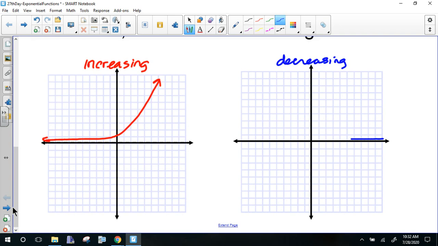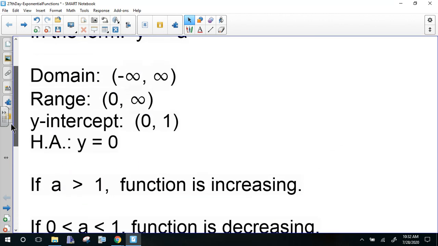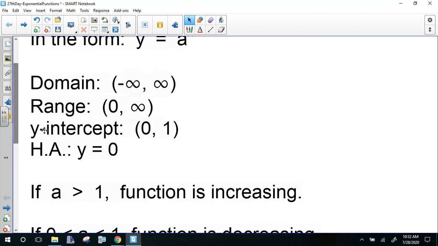It just goes the other direction. Notice that they both go through the point of the y-intercept. They both go through (0, 1).